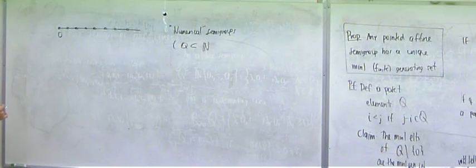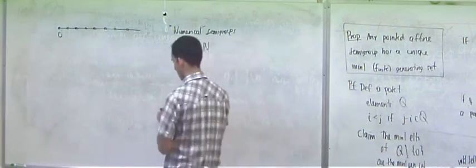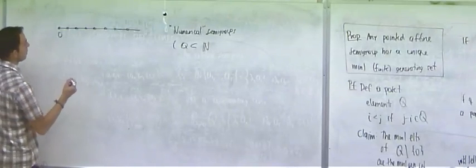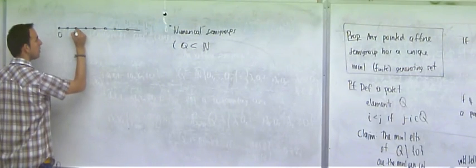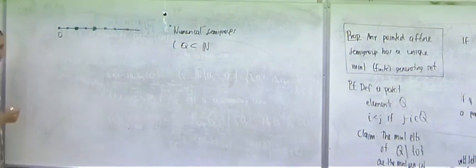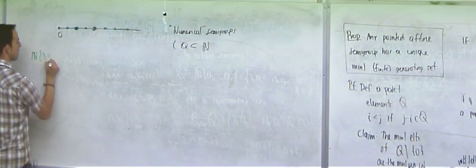Well, let's say, for example, that you generate by 3 and 5.